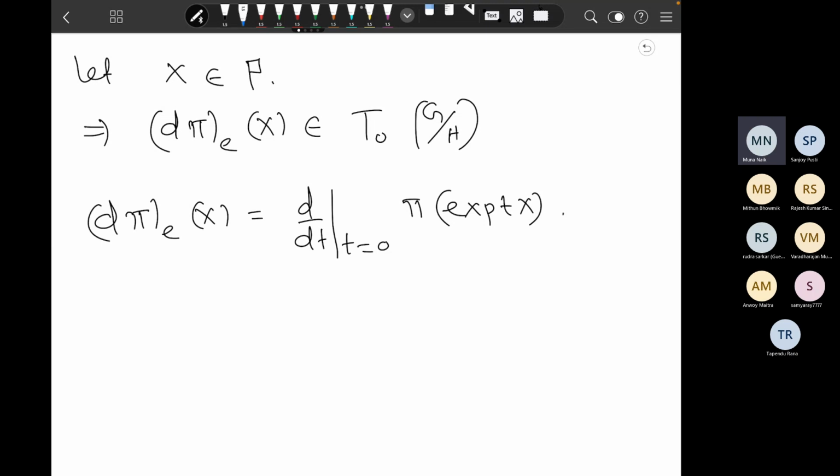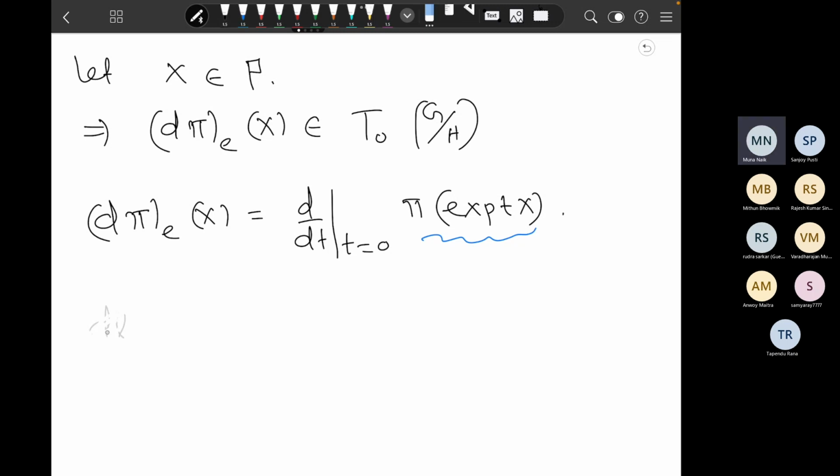So this pi of exponential of tX is a curve in G mod H, whose tangent vector at the point 0 is d pi e X, and at the point 0 it takes the value o. Now I want to really find what dL_h is.